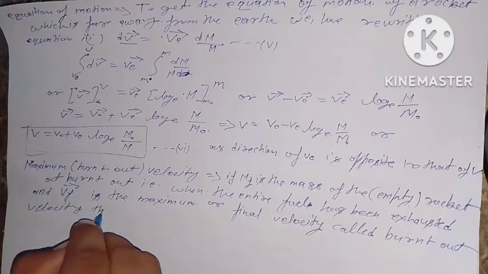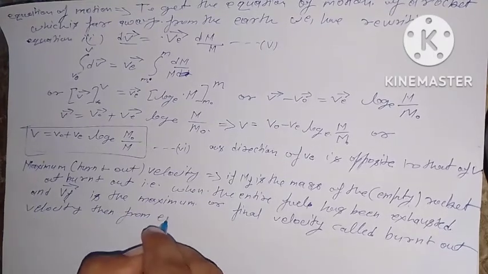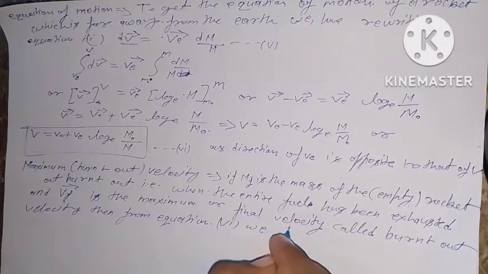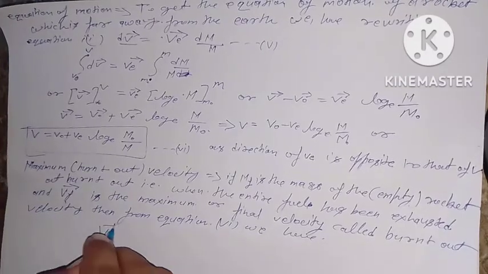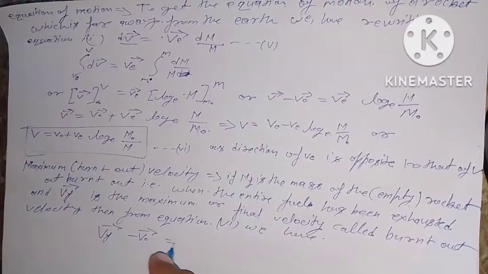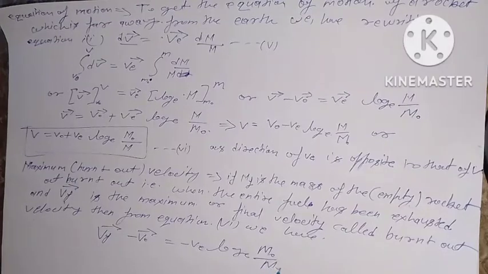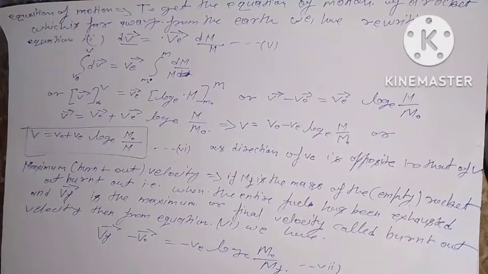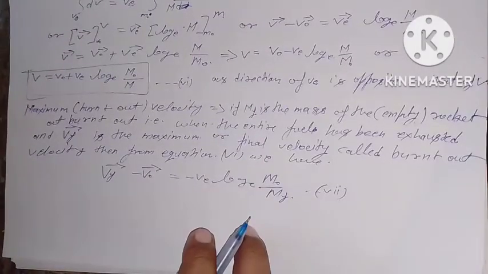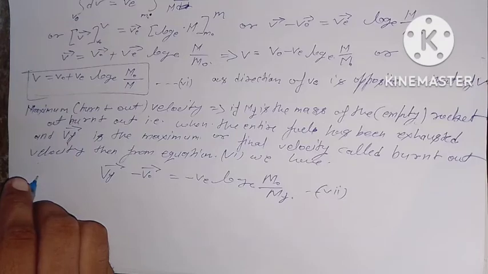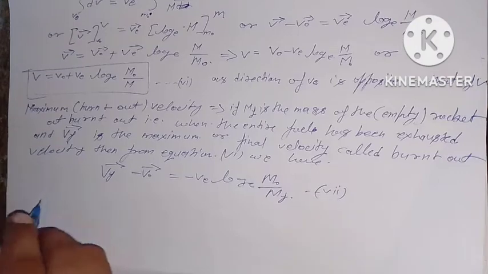Then from equation 6 we have Vf vector minus V naught vector equal to minus ve log e M naught upon MF. This is the equation number 7.